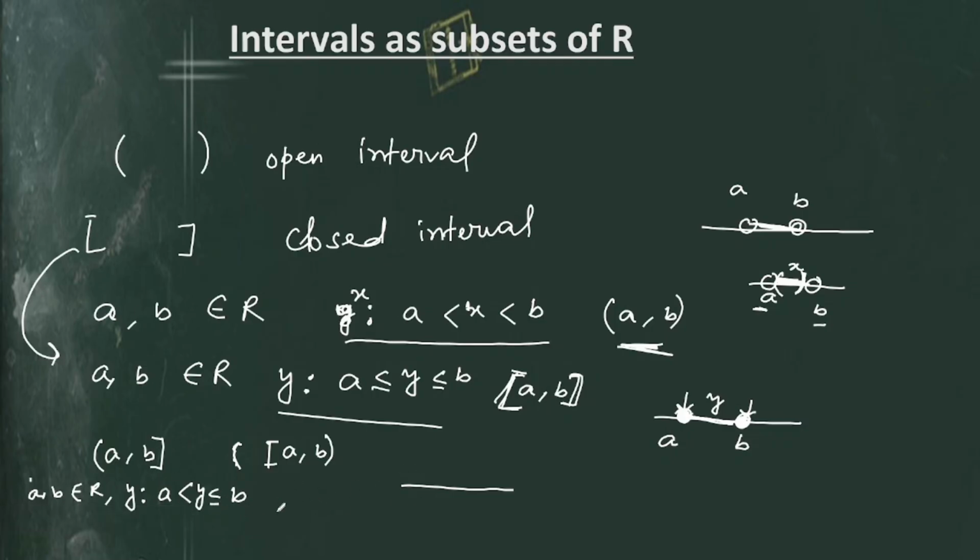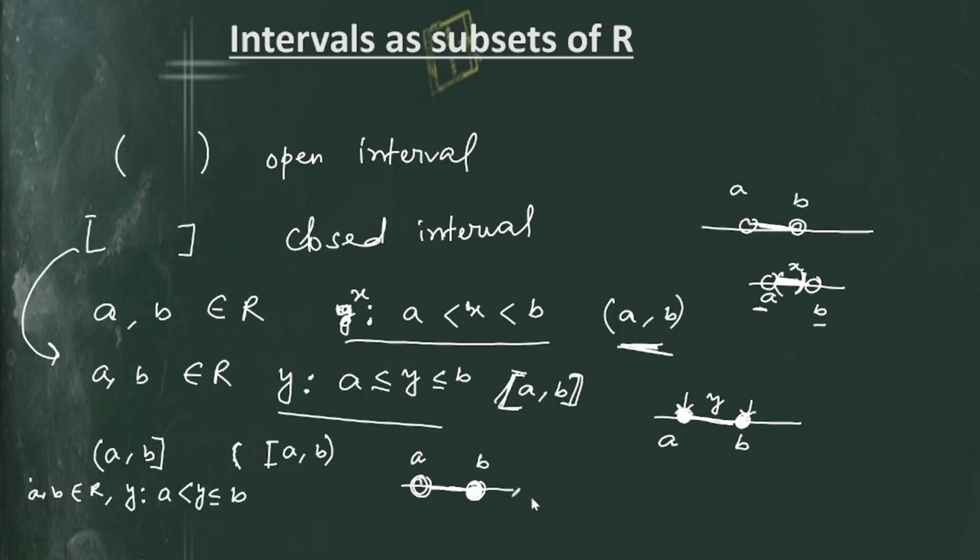If I represent it in a diagram, we write the points a and b. Since a is open, we will not darken this circle, meaning we will not include it. This is b. So y lies in that range, but a is not included and b is included.